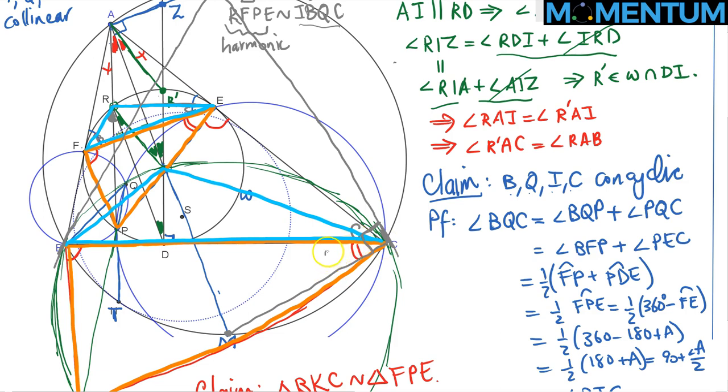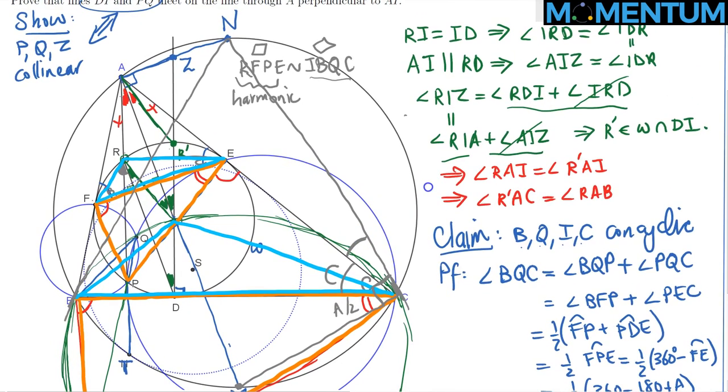It shouldn't be hard to see that this angle here is A over 2. Obviously this whole angle here was C. So as a result, you can calculate this angle as 90 minus C minus A over 2, by very simple angle chasing.